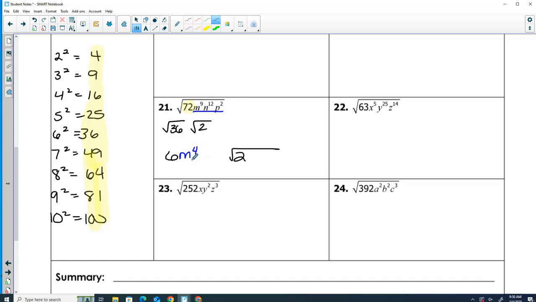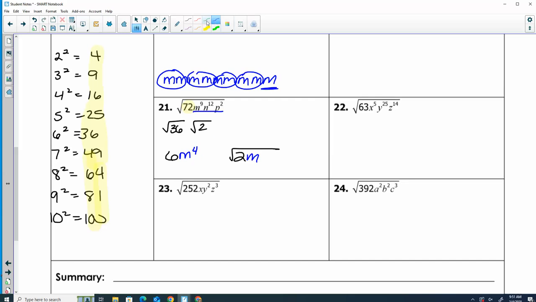But what else happens there? If you have 9 m's, four groups of 2, but there's one odd one out, so that stays underneath. That happens anytime you have an odd power. There'll be one left underneath. I took one of the 9 and left it here. The other 8 made 4 groups of 2.